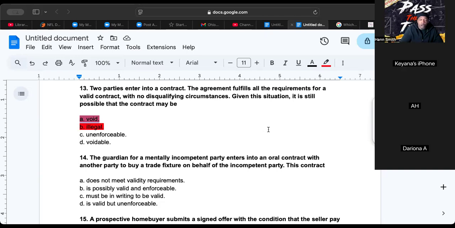The contract isn't void because we got all the tenets. The contract is valid. And the last thing you're going to think about is did something else happen after the fact to make it voidable? There's nothing in here that's going to make me pick voidable over unenforceable. If I know everything that I know, I'm picking unenforceable.